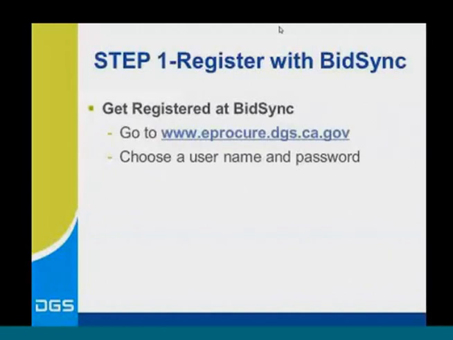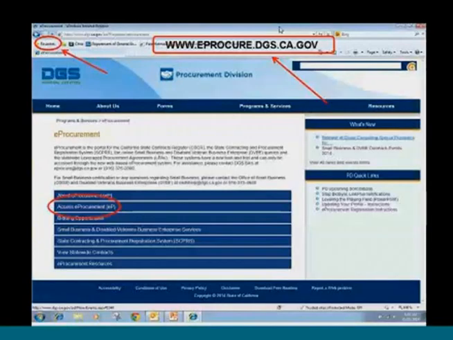So, the brochure says in step 1, you're going to register with BidSync. So, you always go to our homepage, www.eprocure.dgs.ca.gov, and you're going to establish a username and password. And as the slide shows you, remember to make it a favorite because everything starts here.